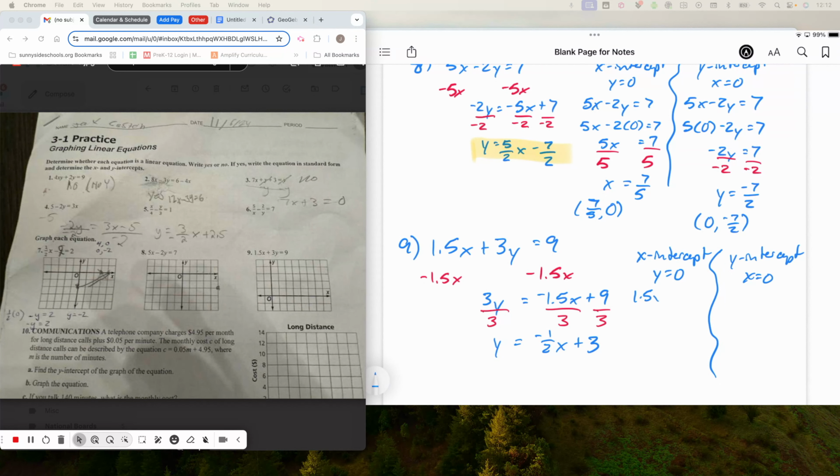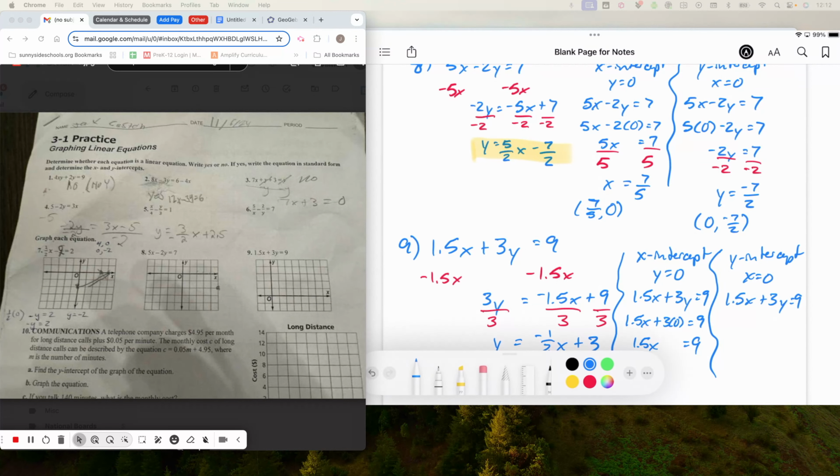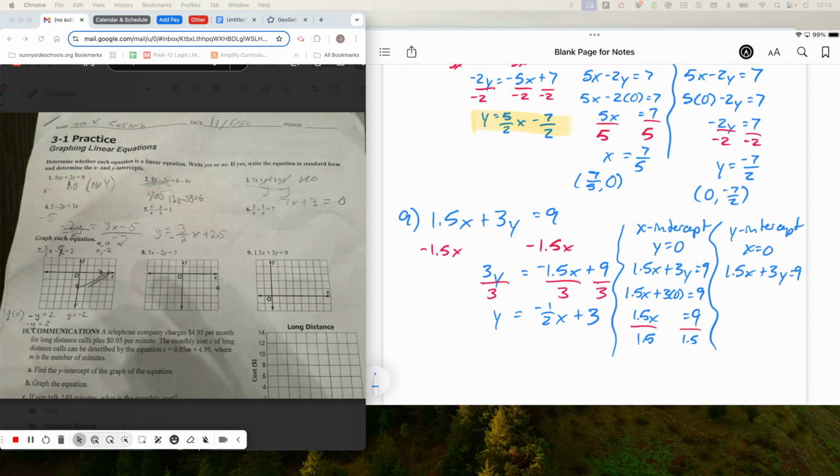So 1.5x plus 3y equals 9. And put a 0 in for the y, we get 1.5x plus 3 times 0 is equal to 9. 1.5x equals 9, divided by 1.5. And we get x is equal to 4.